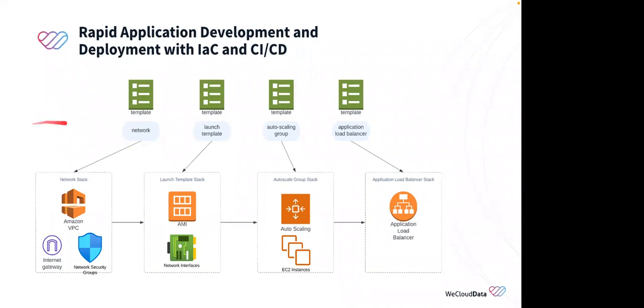With configuration templates written in JSON or YAML that CloudFormation enforces you to write in a consistent manner, you could have different people write these templates, but they're going to look very consistent, very similar, very readable.